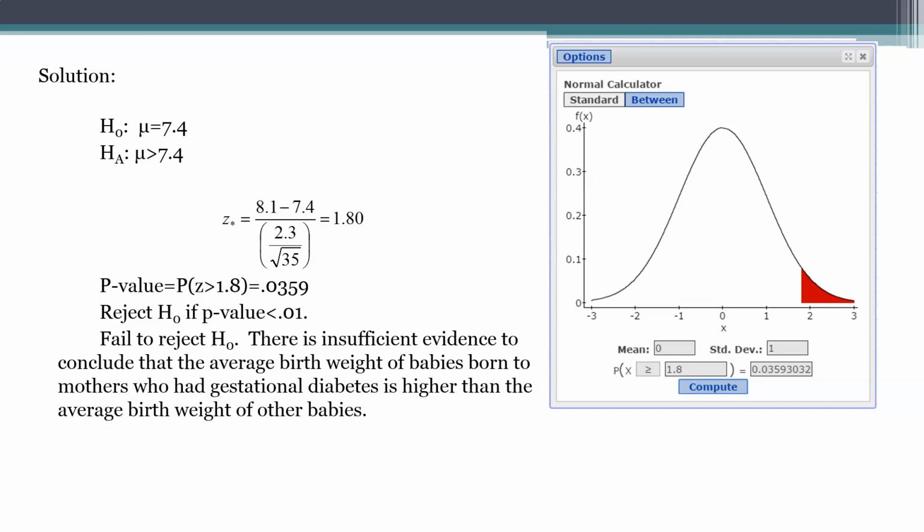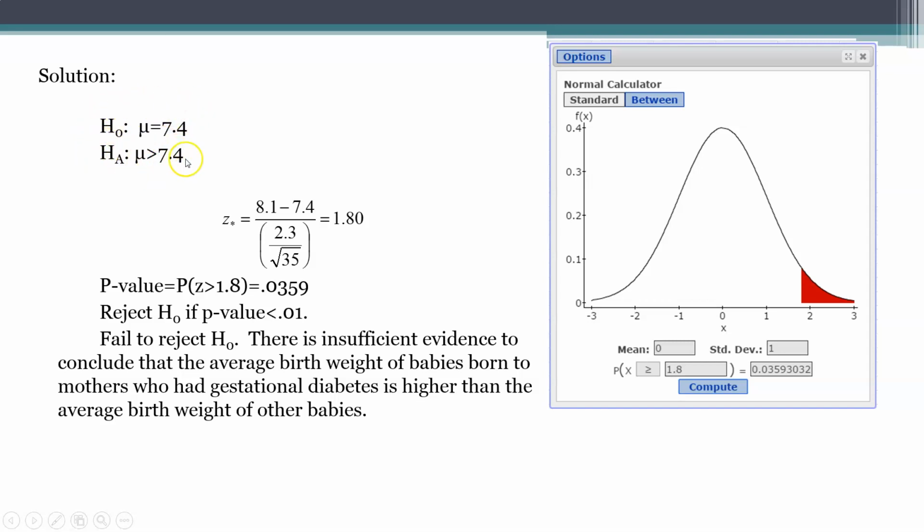All right, so that's an example all the way through, and this is exactly how I want you to write it. Because of the logical progression, this is a logical argument here. We're starting with our assumption. So we're assuming that the mean is the same as the national average, unless we can say we're looking to see if it's greater than.